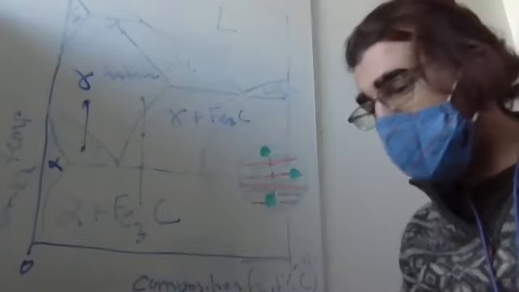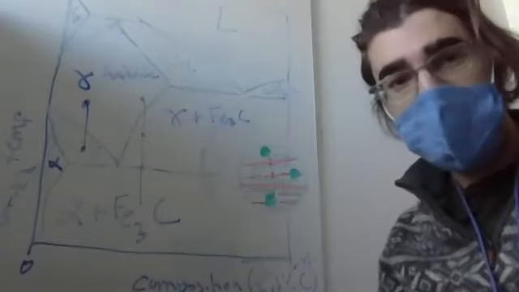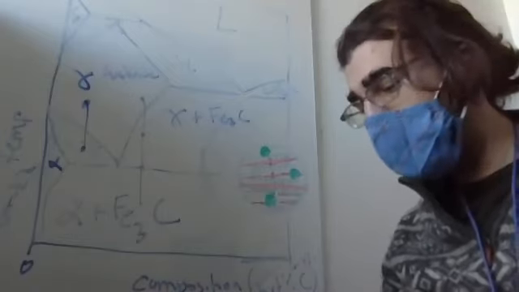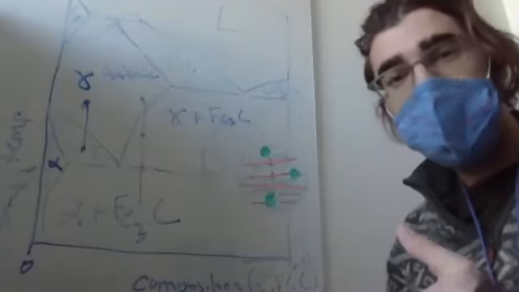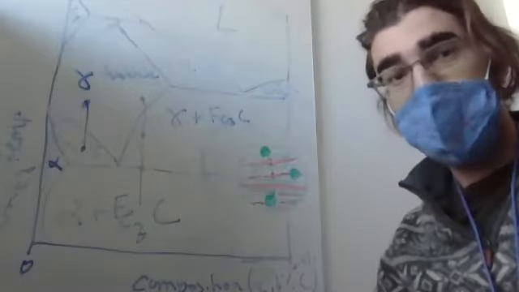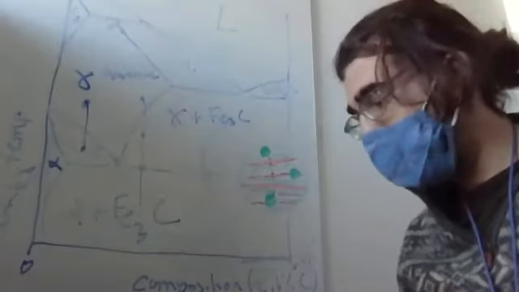Phase diagrams. Okay, last week I believe we talked about nucleation and growth, right? And we talked about surface energy versus volume energy and how that could control nucleation of phases.